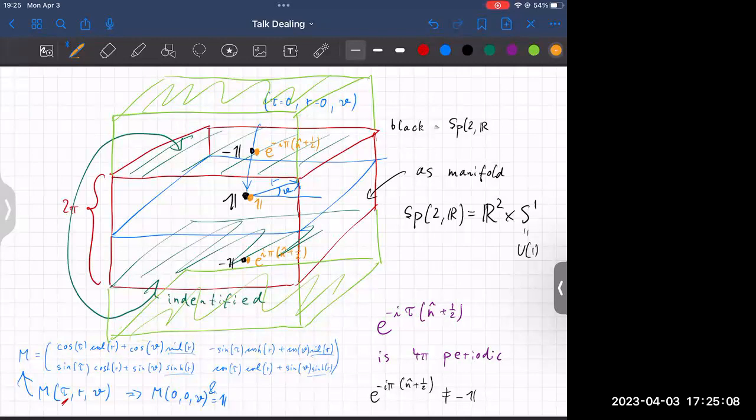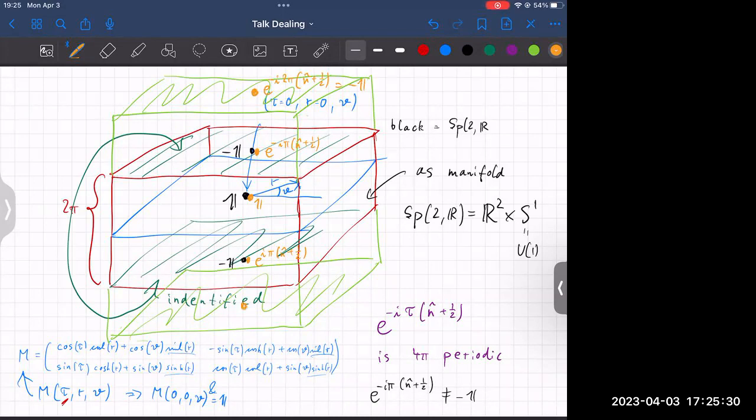And then at the bottom here, if we go even further up, that would be if we move by plus 2 pi or minus 2 pi. So this would be e to the minus i 2 pi (n plus 1/2), which we calculated is minus identity.